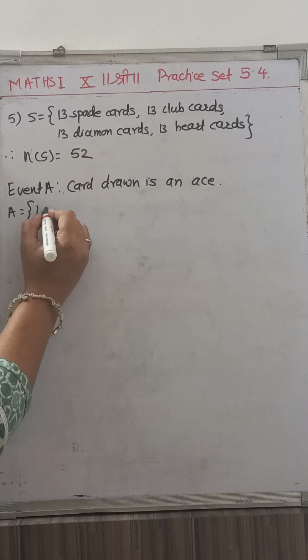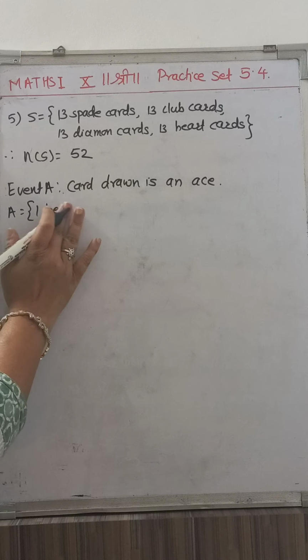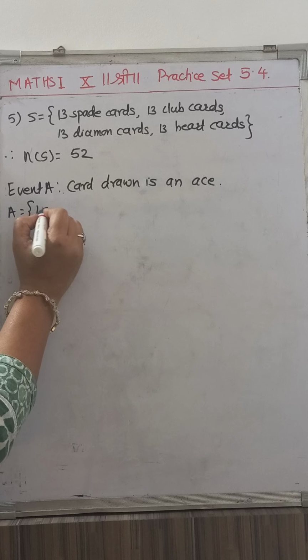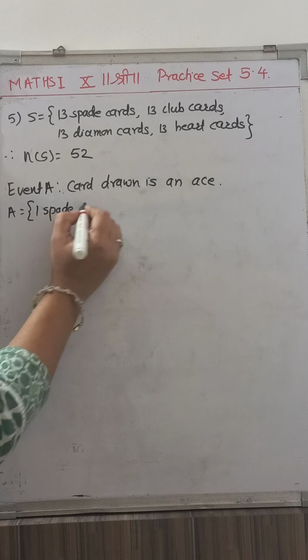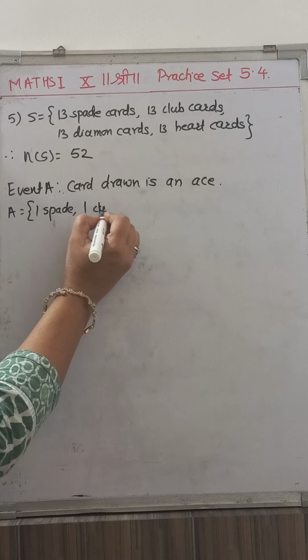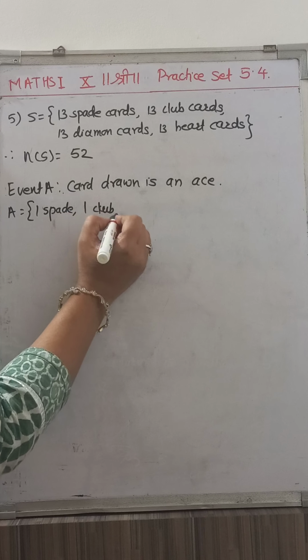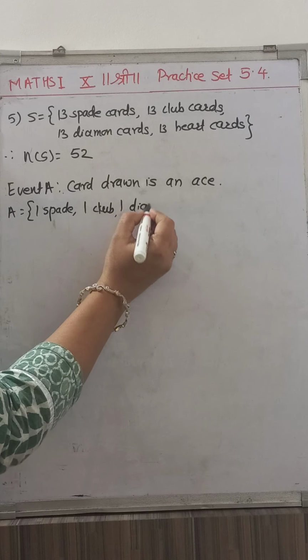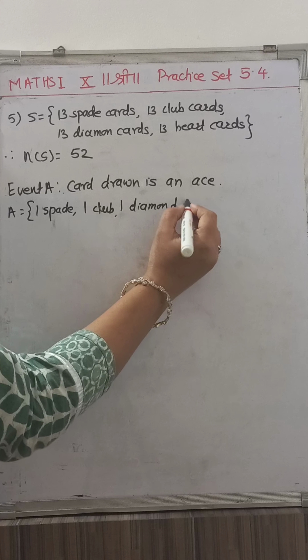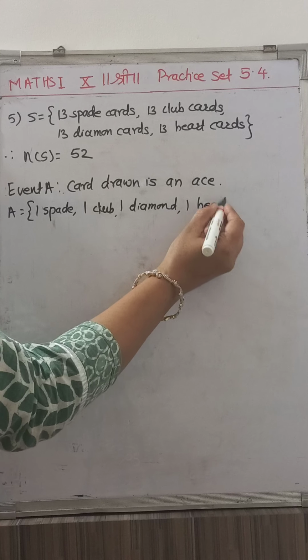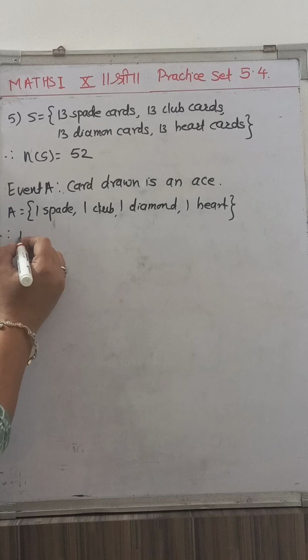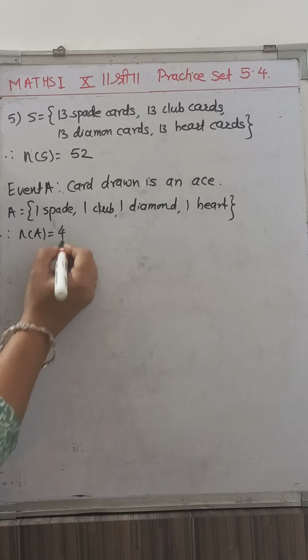One heart, or we will start with spade. One spade, one club, one diamond, and one heart cards. And therefore n of A is equal to 4.